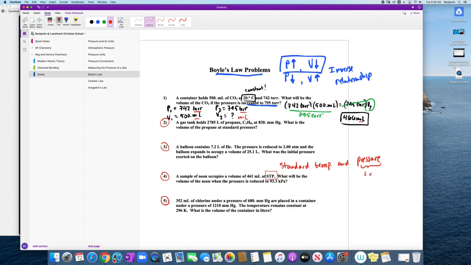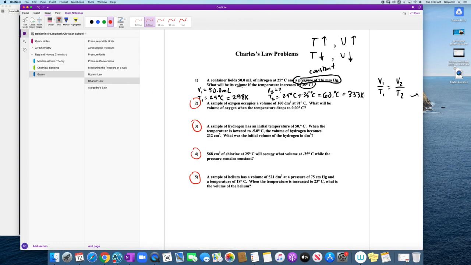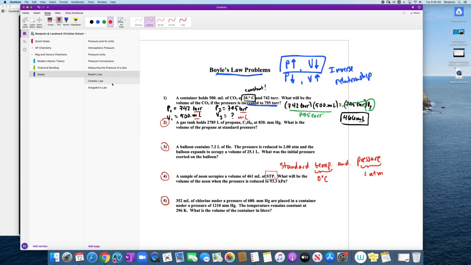It's 1 atmosphere, standard pressure. Standard temperature for a gas is 0 degrees Celsius. So 0 degrees Celsius, 1 atmosphere, that's standard temperature and pressure. And so if you see STP written anywhere, I'm not sure if we have it in these problems, but for the Boyle's Law problems, that's what STP represents.